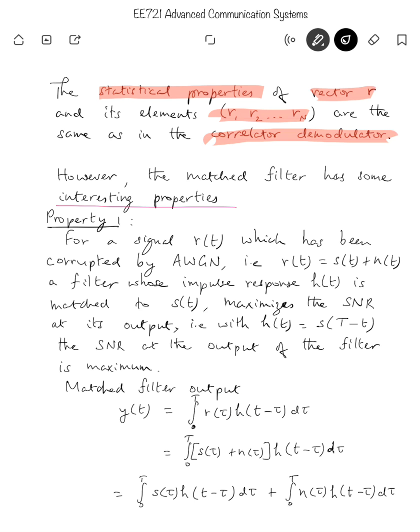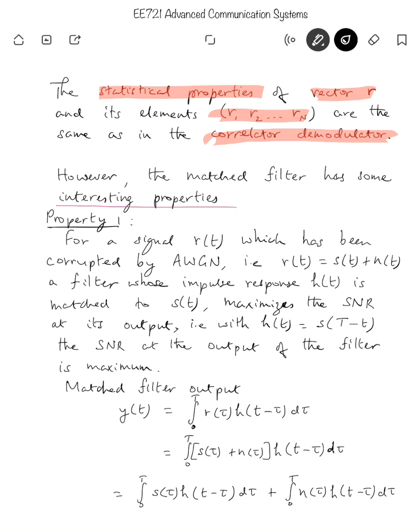So the output of the matched filter would be given by the convolution between the input signal and the impulse response. So you have this convolution equation here. But we know that the received signal r of t is the sum of the transmitted signal and the noise signal. So we put that there. r of t is s of t plus n of t. Of course, the variable used here is tau.